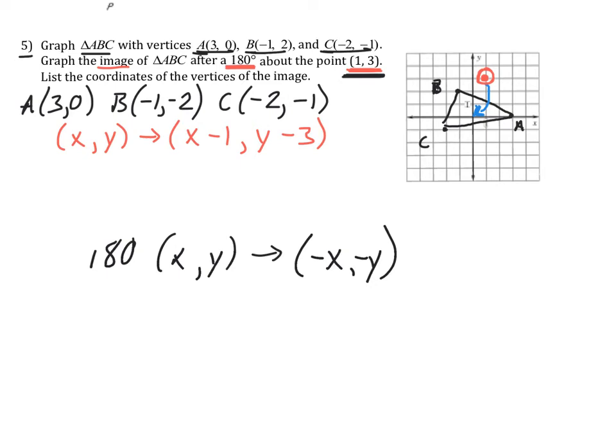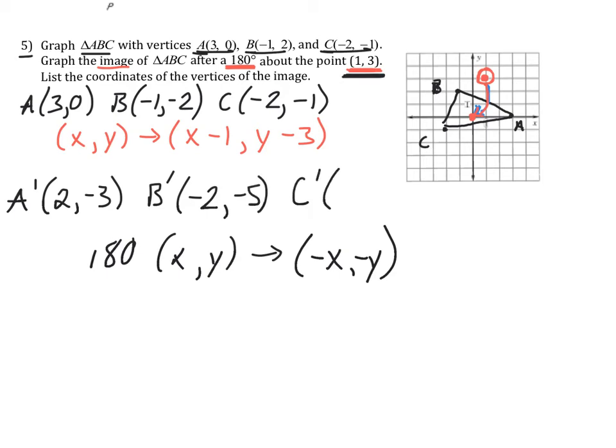What's going to happen then is this center is going to move down to the origin, but all my points are going to move accordingly. So now I'm going to have new coordinates. It looks like A prime is going to end up at (2, negative 3). B prime is going to end up at (negative 2, negative 5). And then C prime is going to end up at (negative 3, negative 4).